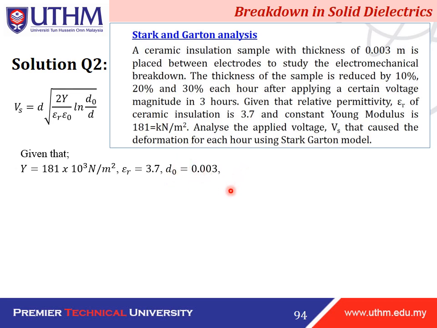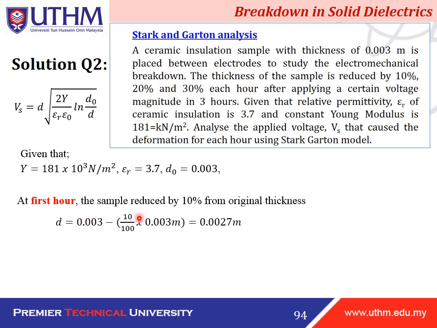Now we need to find the sample reduced by 10% at the first hour. Using d at the first hour, we calculate the initial thickness minus 10% of the initial thickness, and we get 0.027 meter.